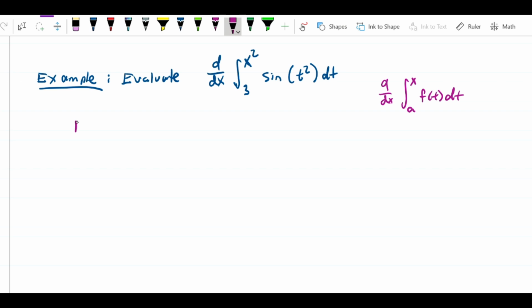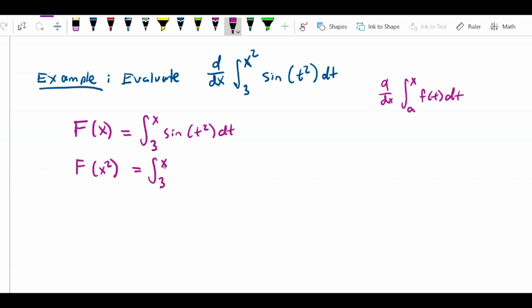Let's say this is another way the theorem was stated. It said we can define F of x to be equal to the integral from 3 to x of sine t squared dt. In that case, it's certainly the case that F of x squared is equal to the integral from 3 to x squared of sine t squared dt, right?